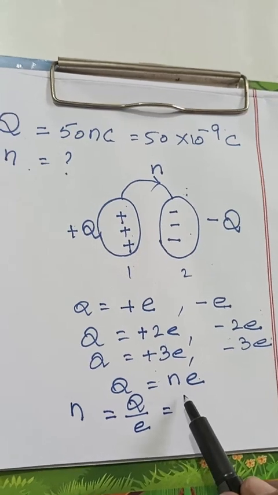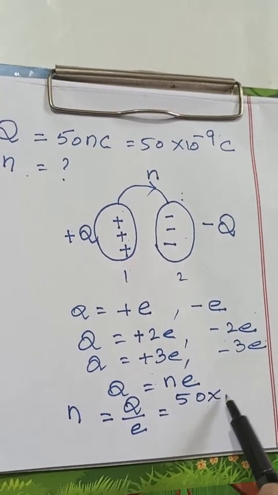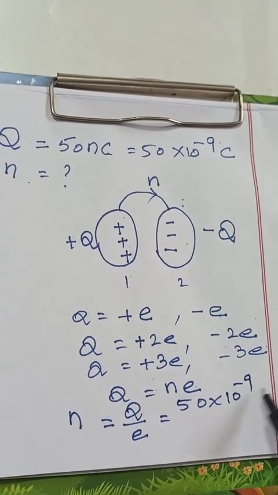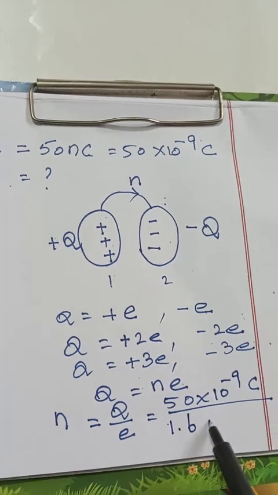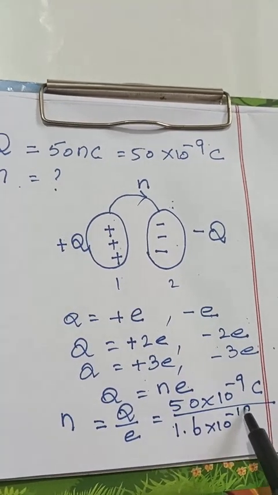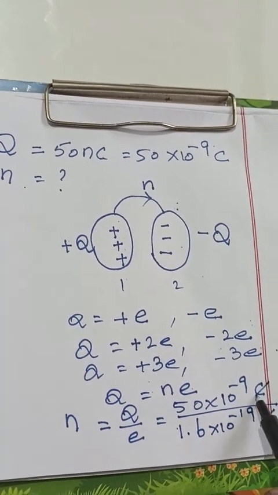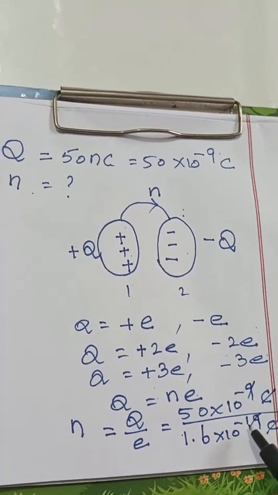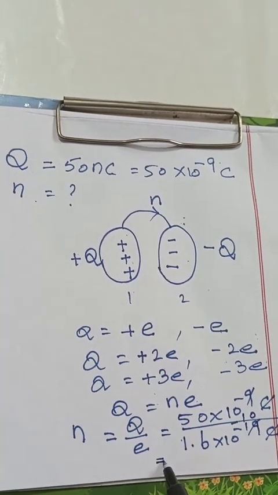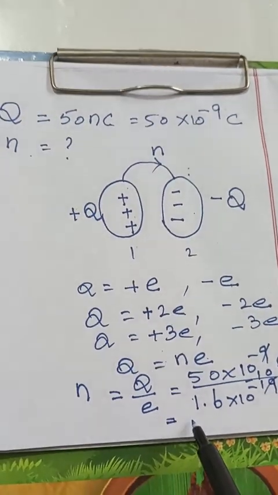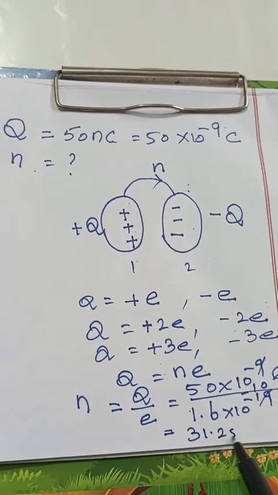That is, Q is 50 nanocoulombs, and the charge of one electron is 1.6 into 10 power minus 19 coulomb. Coulomb gets cancelled. 9 also gets cancelled and we are left with 10 power minus 10. 50 divided by 1.6 is 31.25.